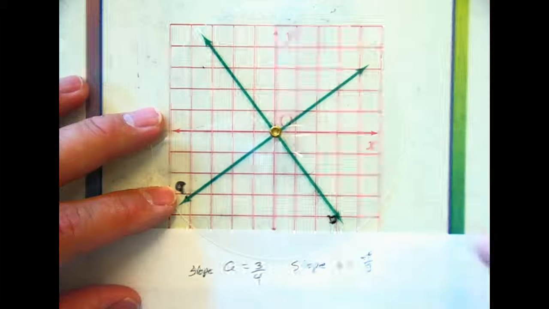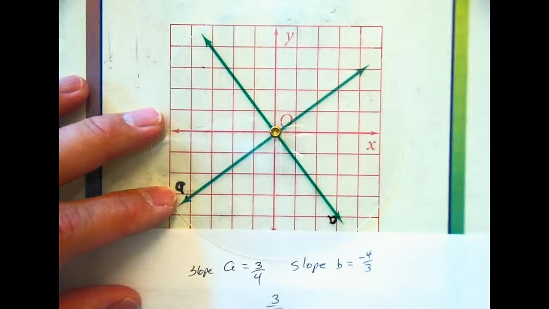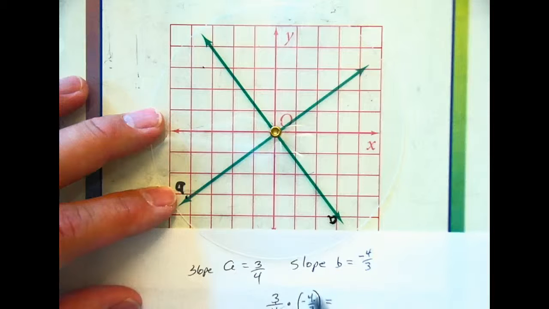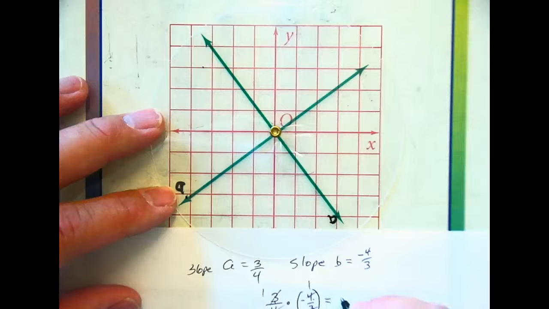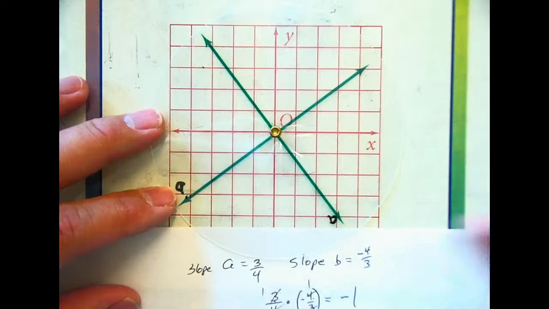Now, how many knew that? Most of us know that. Most of us don't realize, though, that if we multiply the slopes of perpendicular lines, what value do you get? -1. Anytime you multiply the slopes of perpendicular lines, you should get -1.